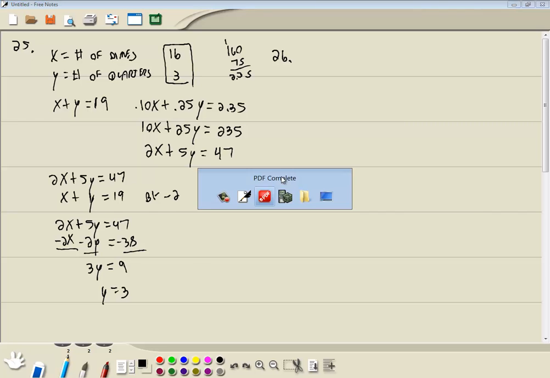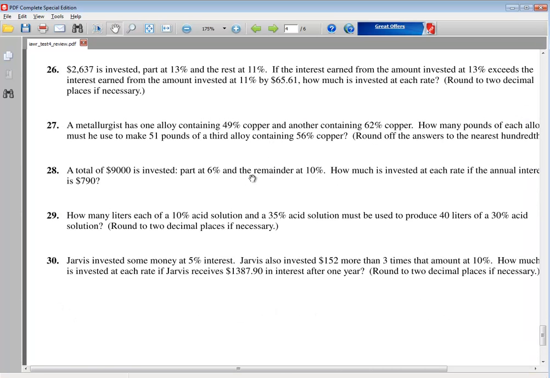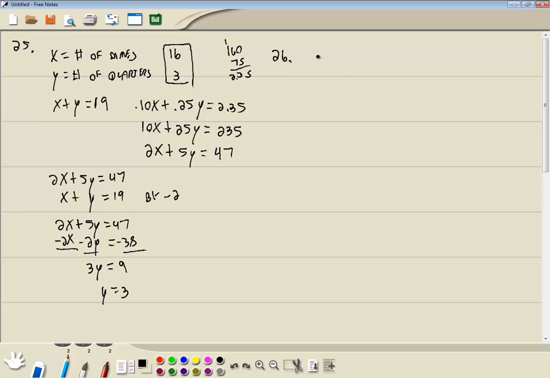Okay, number 26. 2,637 is invested, part at 13%, and the rest at 11%. How much is invested at each rate? So it looks like we're talking about the amount. So we got 13% and 11%. The 13% amount is going to be x, and the 11% amount is going to be y.